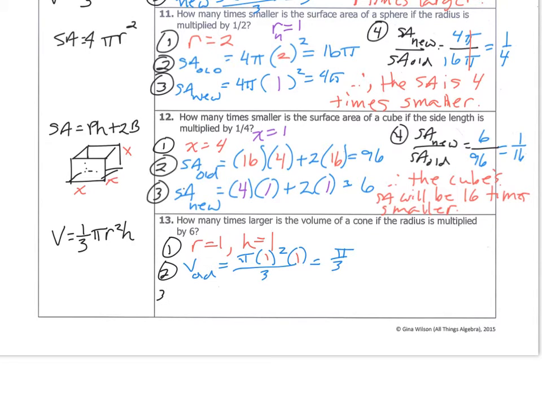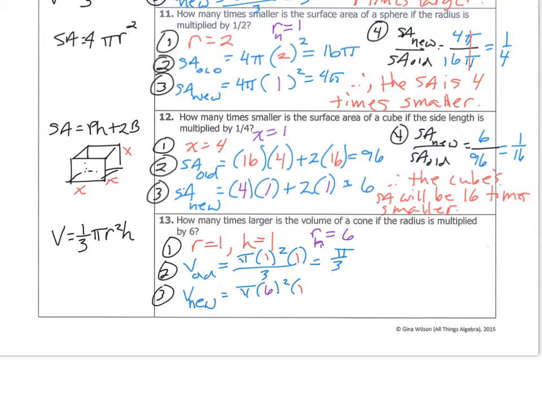Then your new volume, so we've got pi, but this time we've got to figure out our new dimension. So we're going to multiply the radius by 6. So the new radius is going to be 6. That's new for n. It's a weird looking n, but there we go. So we've got pi times that 6 squared, but the height hasn't changed.